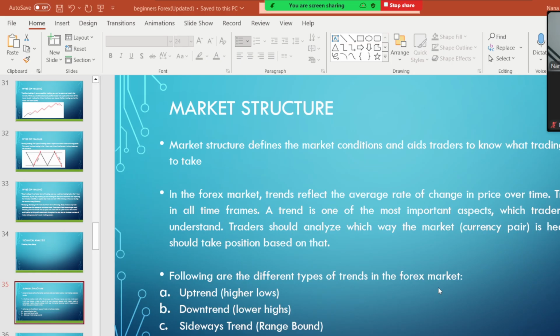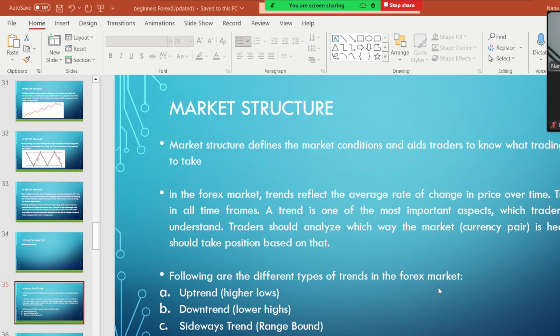Like I mentioned earlier on, fundamental analysis makes use of economic data and political events within various countries that affect their currencies. With technical analysis, we use technical tools and data obtained from the past to predict future price movement.